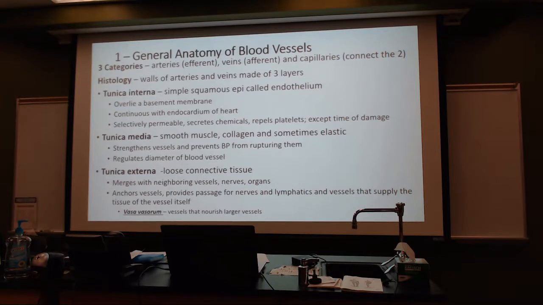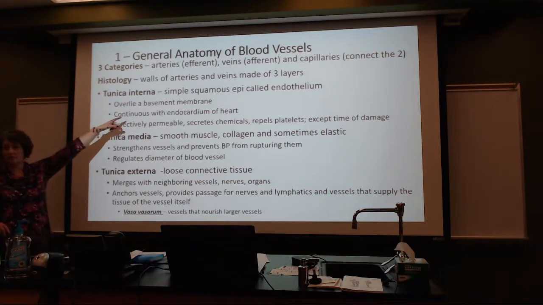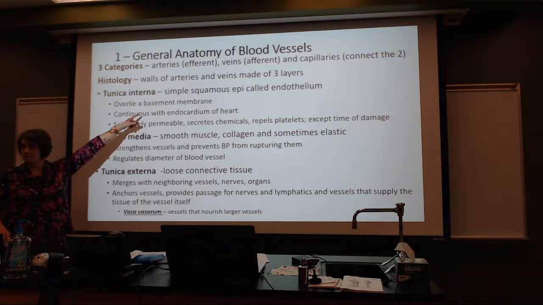From part 1, that should bring to mind a single layer, because it's simple. Squamous, the fried eggs, because that's what they look like, okay? Endothelium, that layer, okay? They overlie the basement membrane.